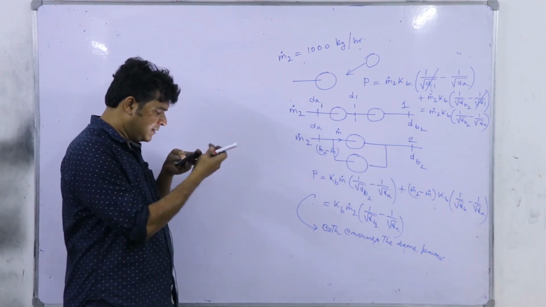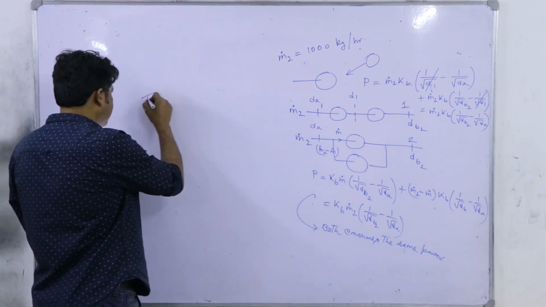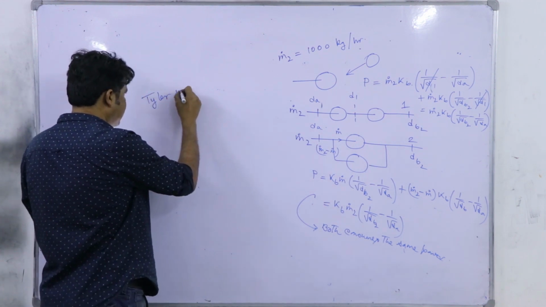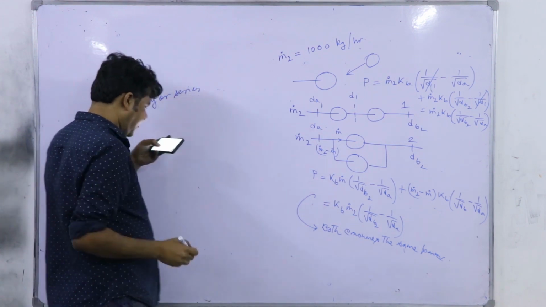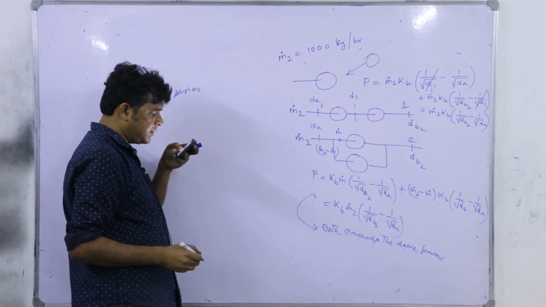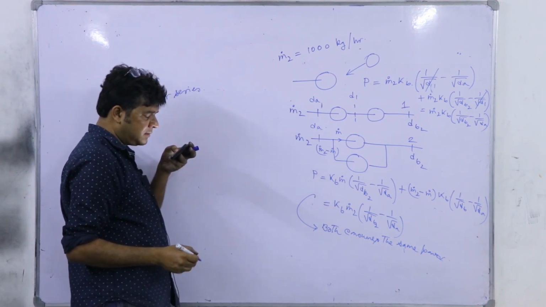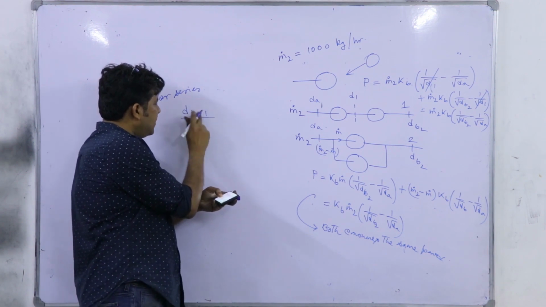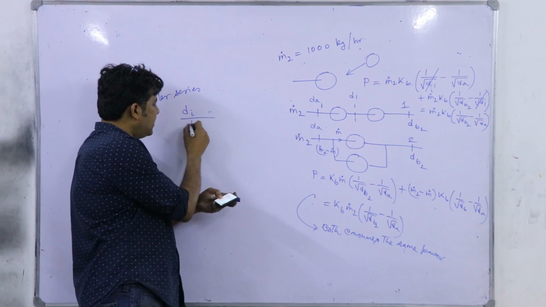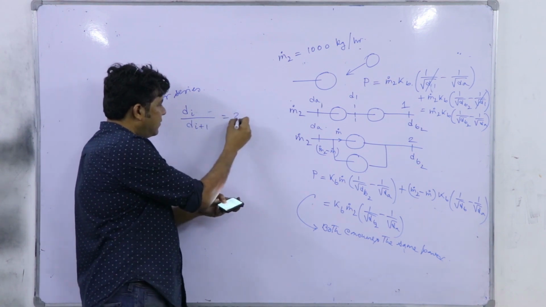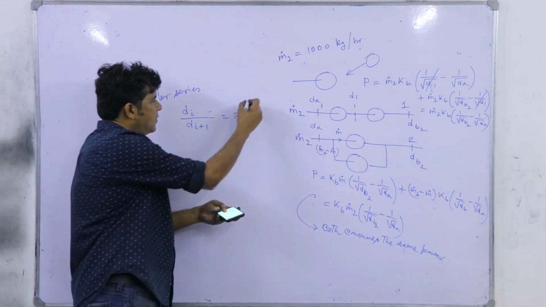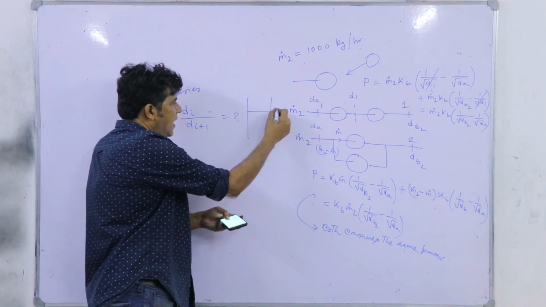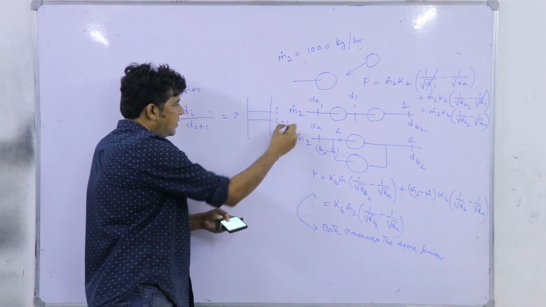Okay. In Tyler series, that is a screen series, the ratio of aperture size of a screen to that of the smaller screen, that is d(i+1) by d(i), will be equal to what? So this is i, this is i plus 1.